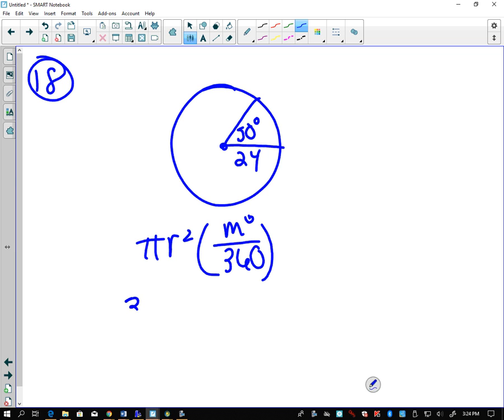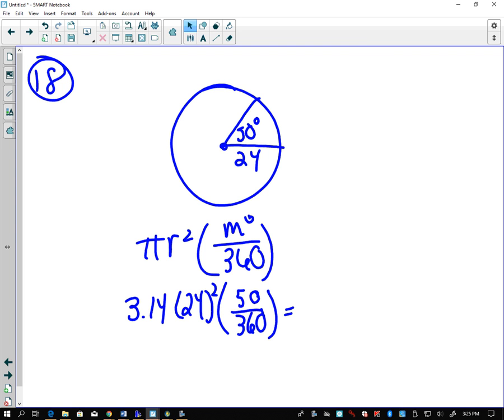Convert all this to something I can work with: 3.14 times 24 squared times 50 over 360, and that's what I want to work out. Okay, and that's all you have to do with that question. Pi times radius squared times measure over 360.